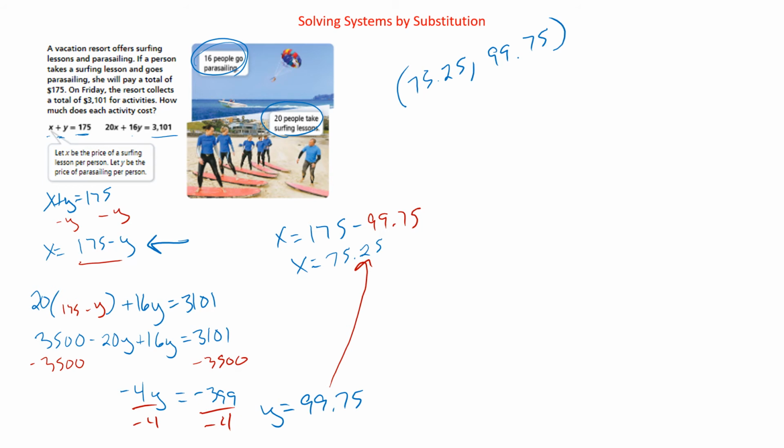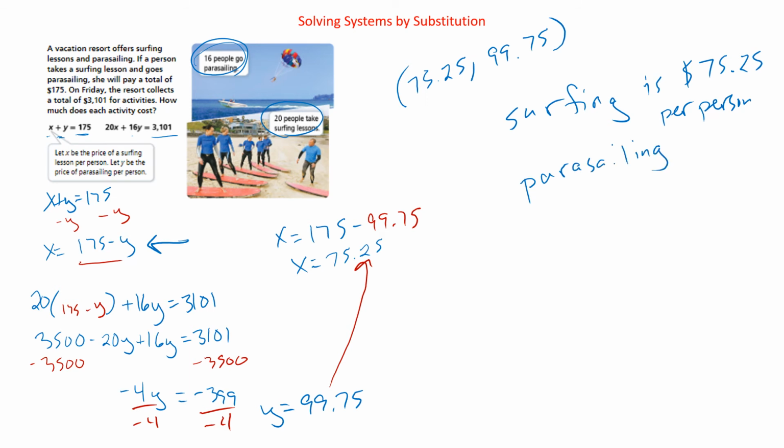So surfing is $75.25 per person, and parasailing is $99.75 per person.